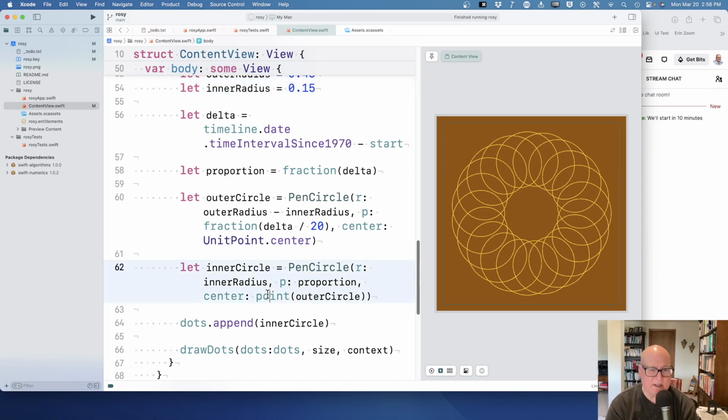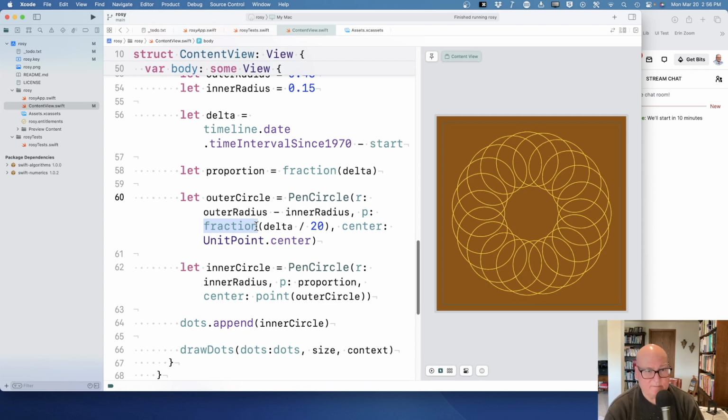I'm taking a numeric value that's derived from this one and putting it to that one, but I should have some sort of structure that knows that and makes its center. Okay, so what would that look like?